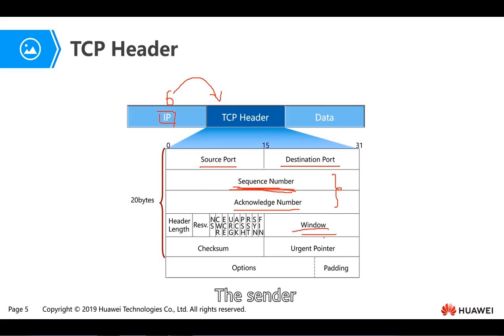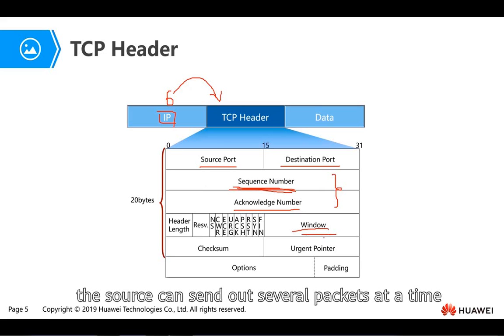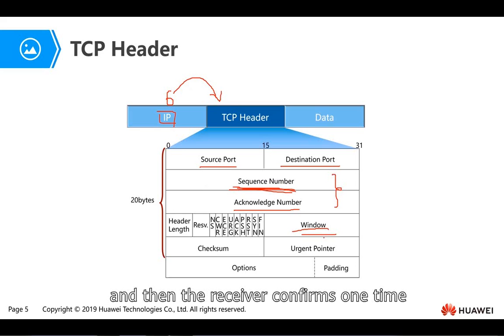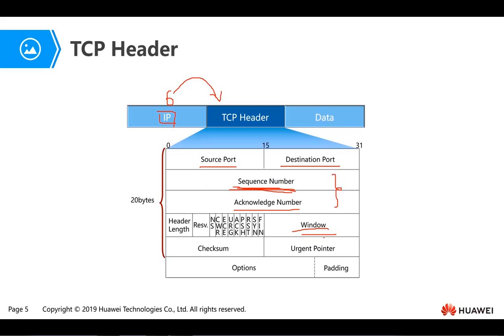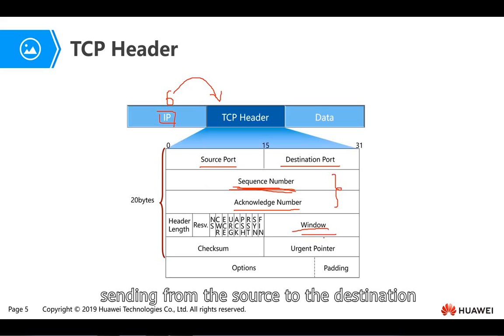The sender, the source, can send out several packets at once, and then the receiver confirms them at one time. That's many packets confirmed at once, to improve the speed of sending from source to destination.